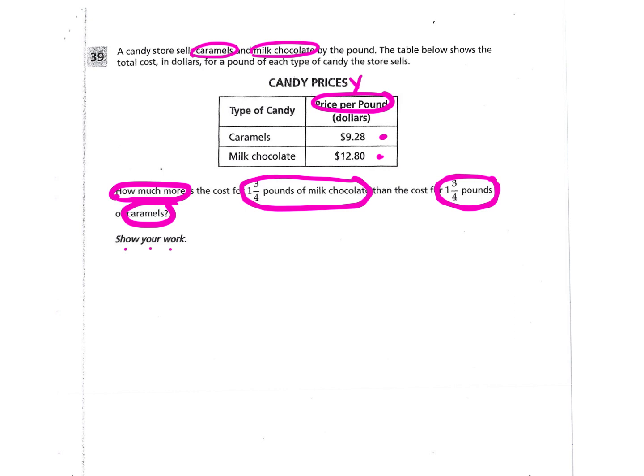We need to multiply to find out how much 1 3/4 pounds cost. Let's start with the milk chocolate. So we're getting 1 3/4 pounds times $12.80. We're going to multiply on the calculator in a moment and calculate that price.